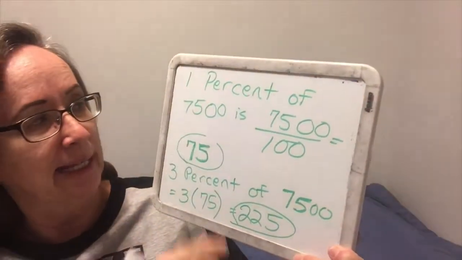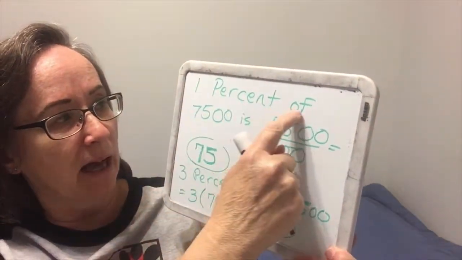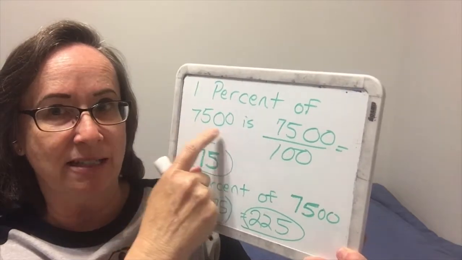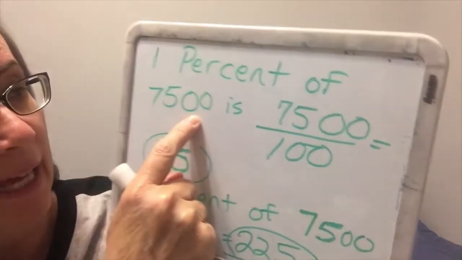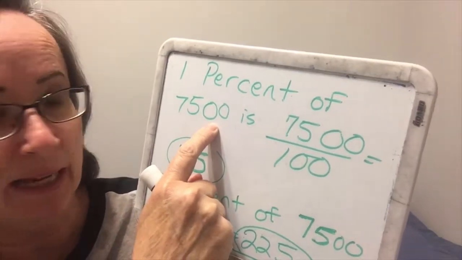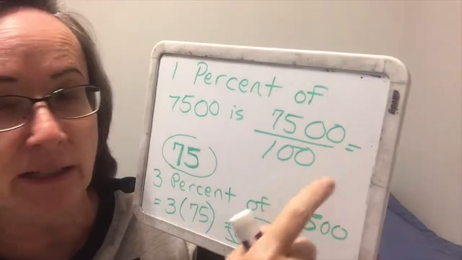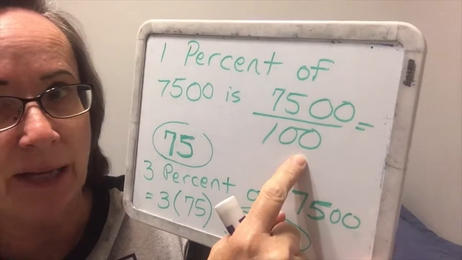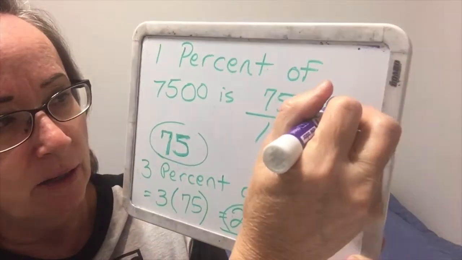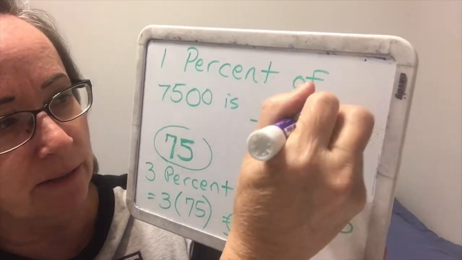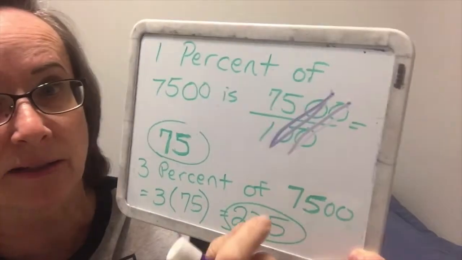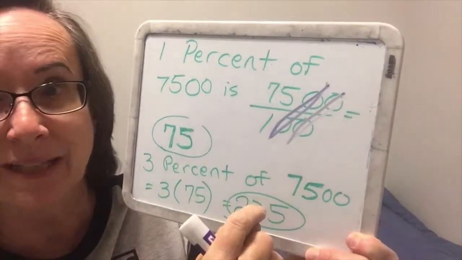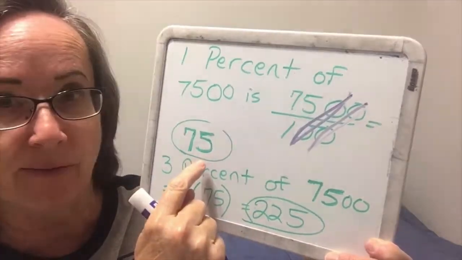So this is your first example, and it says 1% of 7,500 is going to be the same thing as 7,500 divided by 100. Well, we know when we divide by 100, we can cancel zeros, and there are 2 zeros to cancel there. So we wind up with 75 over 1, which is 75.